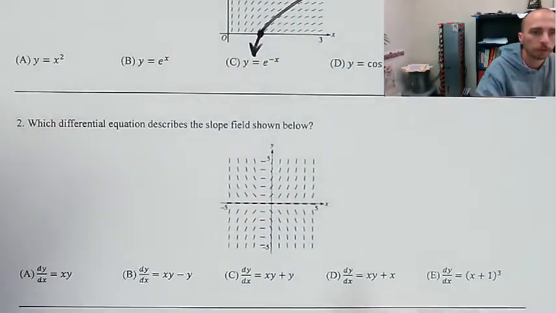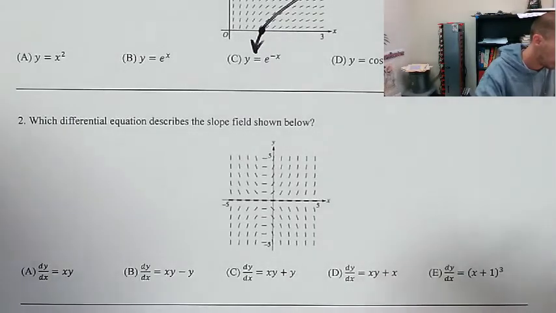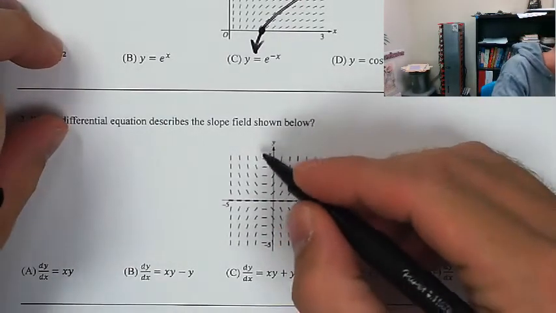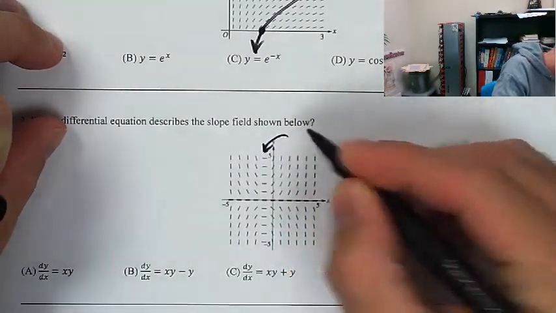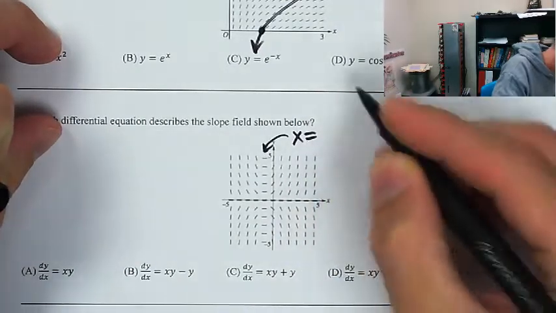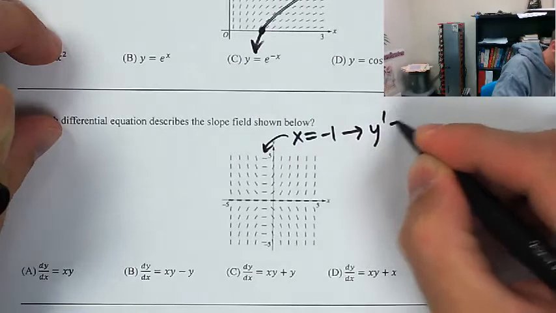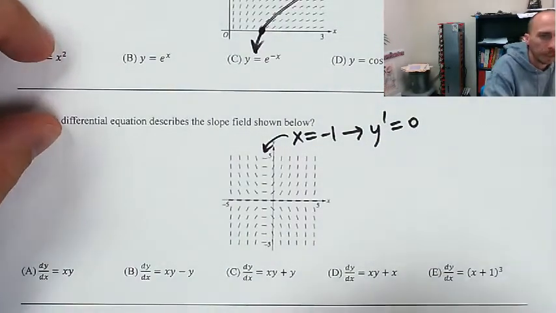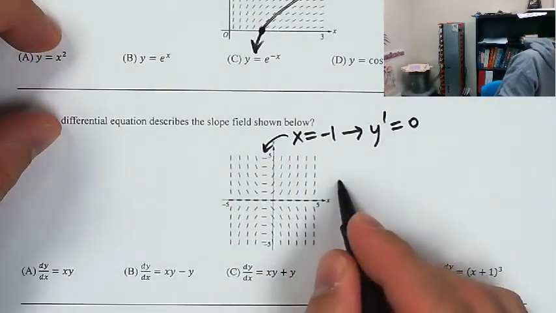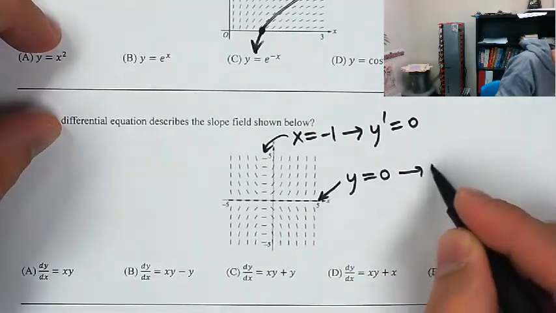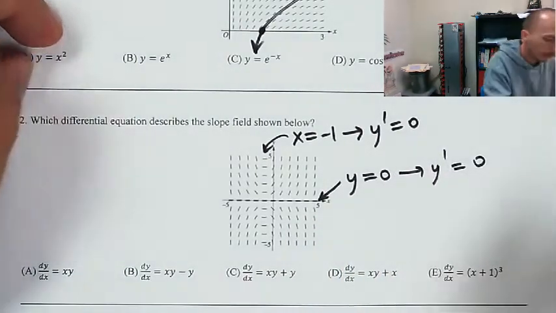All right, which differential equation describes my slope field right here? We have some experience with this one. I think this one's on the note packets. So when x equals -1, that gives me slope 0. But also here, when y equals 0, that's giving me y prime equals 0.